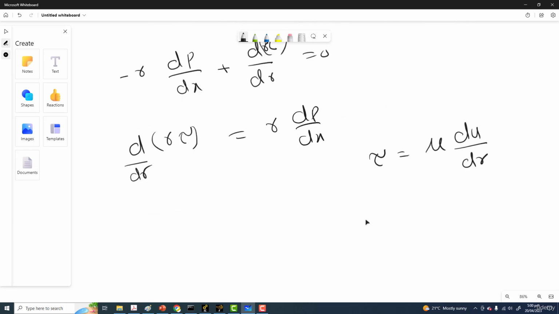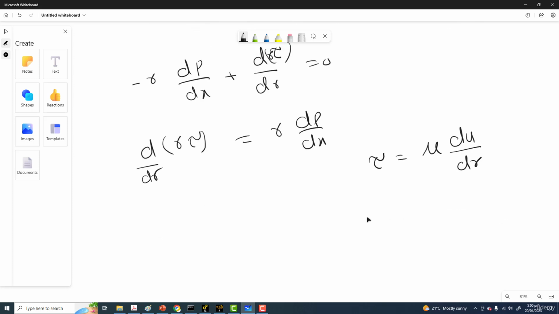So we can write this as d/dr of r mu du/dr is equal to r dp/dx.